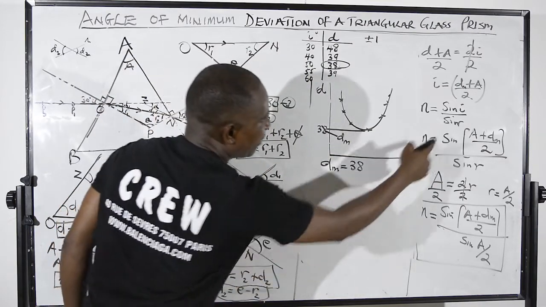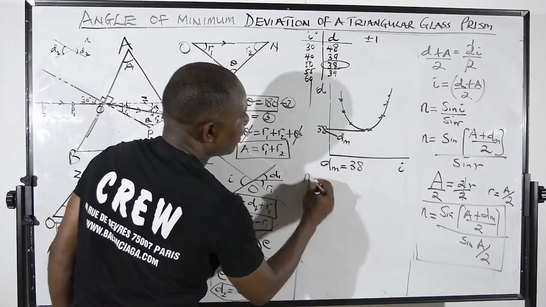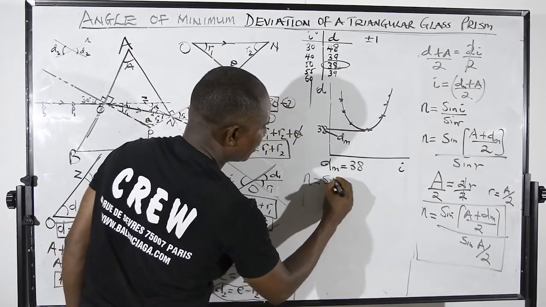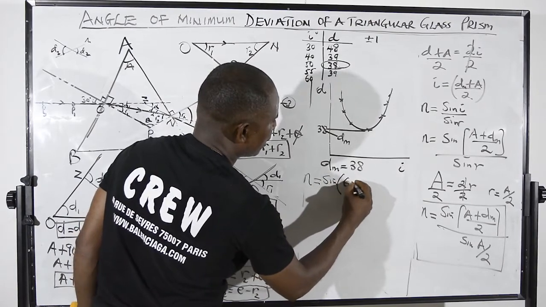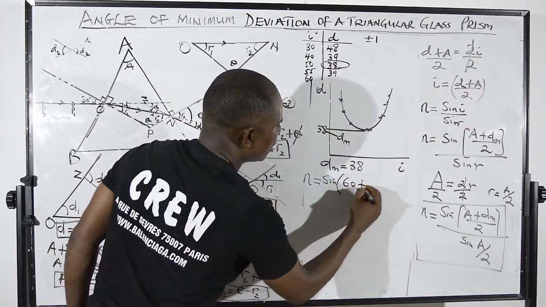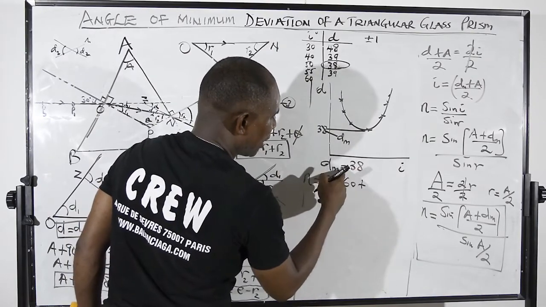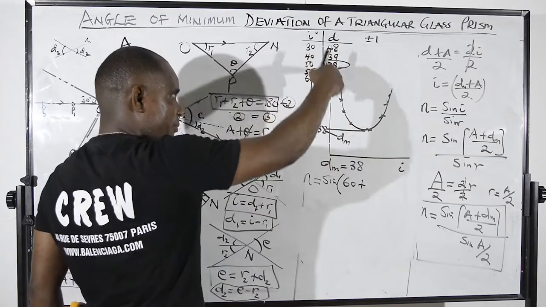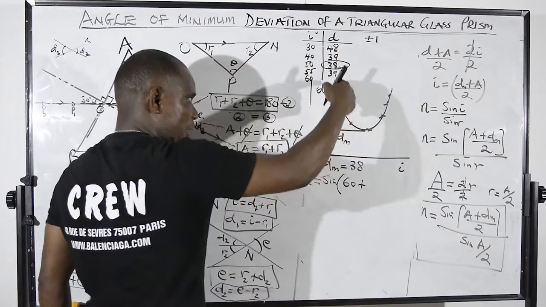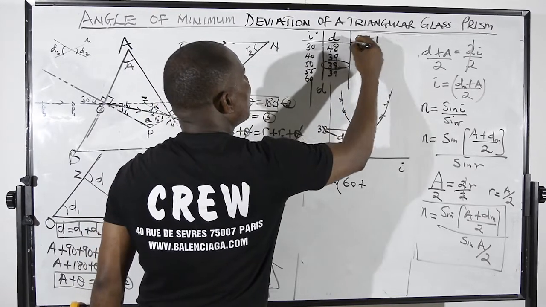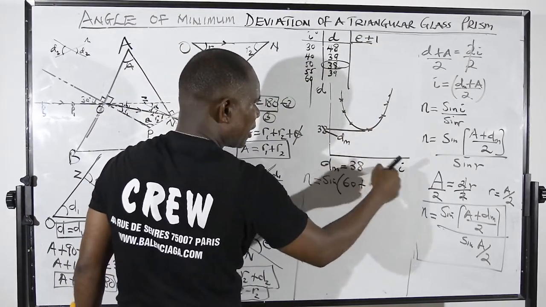So we put it right here. We have numbers. This is the refractive index. Inside this equation is now going to be sine of, this is a glass that was equiangular, so it's 60 degrees, plus the deviation angle which I've got, which is the minimum deviation from my values. I'll be able to plot this out there, and if you even plot it against the emergent angle, you will still have the same shape there.